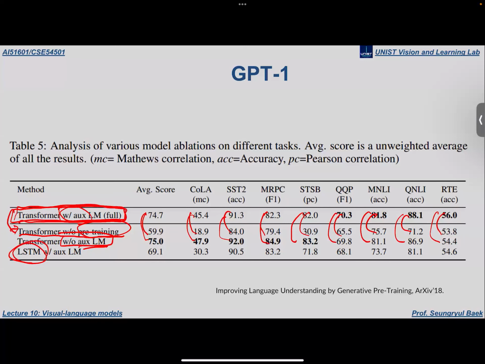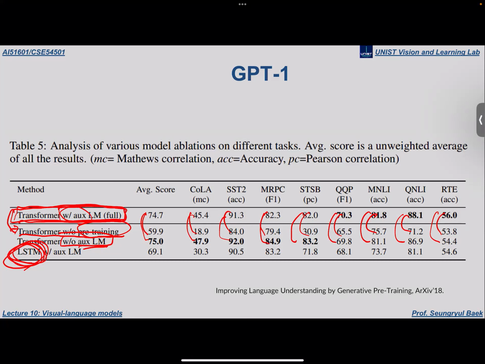And this is the LSTM, which is the alternative to the transformer. It is something frequently used before the transformer. Before the transformer, we used LSTM frequently for sequence data.